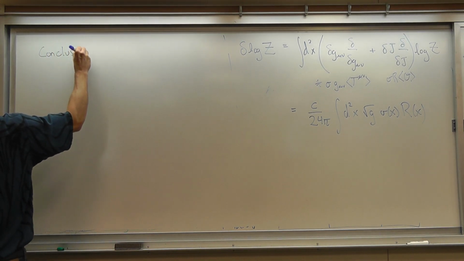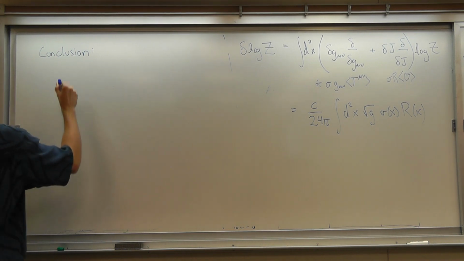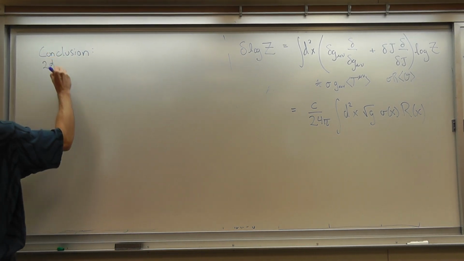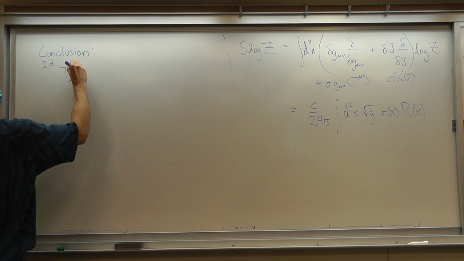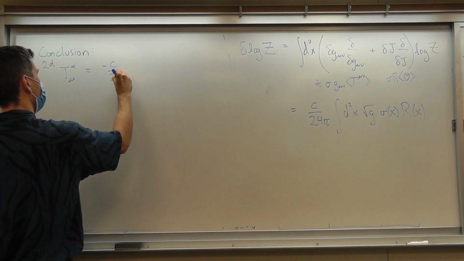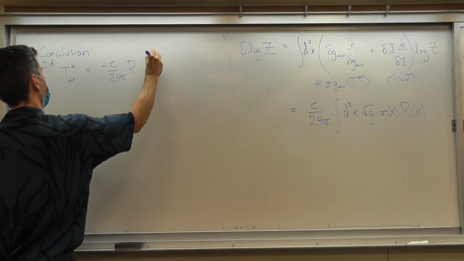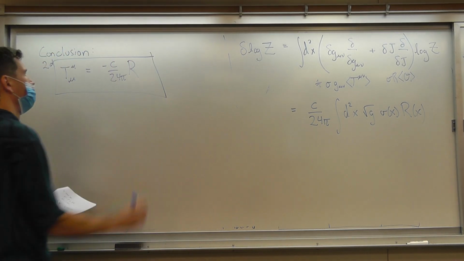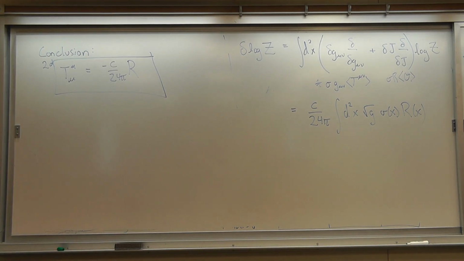This stops being optional now. The conclusion is that in 2D, T mu mu is equal to minus c over 24 pi times R. The theory is not conformal in curved space. The trace is not 0, but it's conformal up to an anomaly, and that's really just as good.